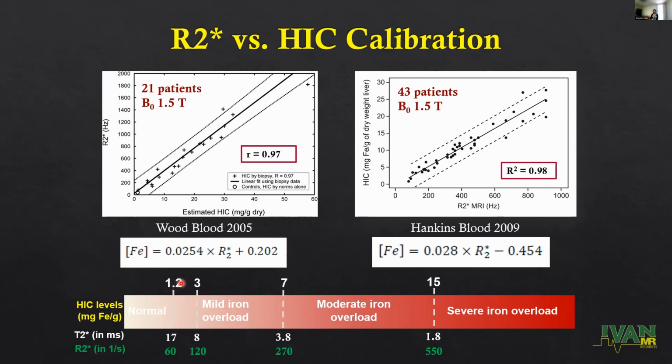If it is between 3 to 7, you classify the patient as mild iron overload, 7 to 15 as moderate, and more than 15 as severe iron overload. The chelation dose is different for each of these categories, so it's important to know how much iron is there to prescribe the accurate chelation dose.